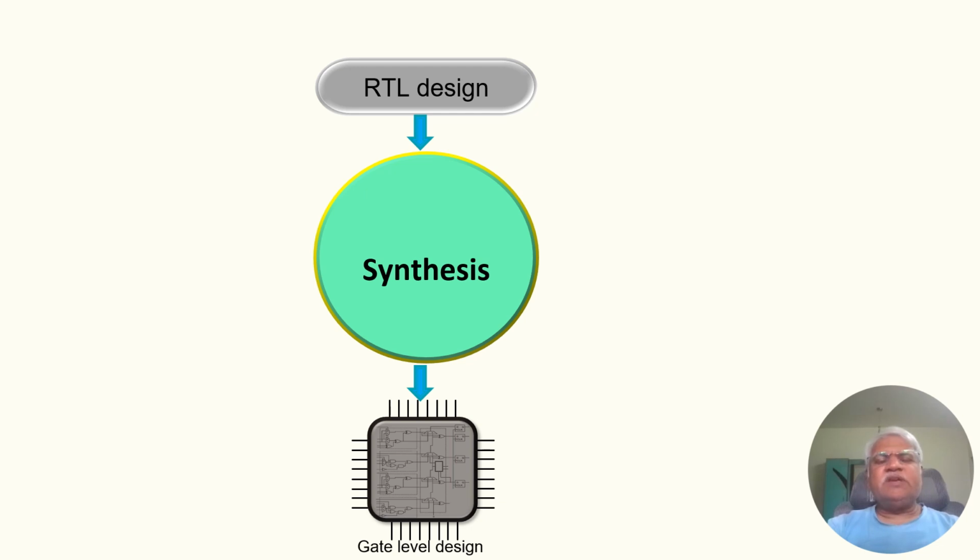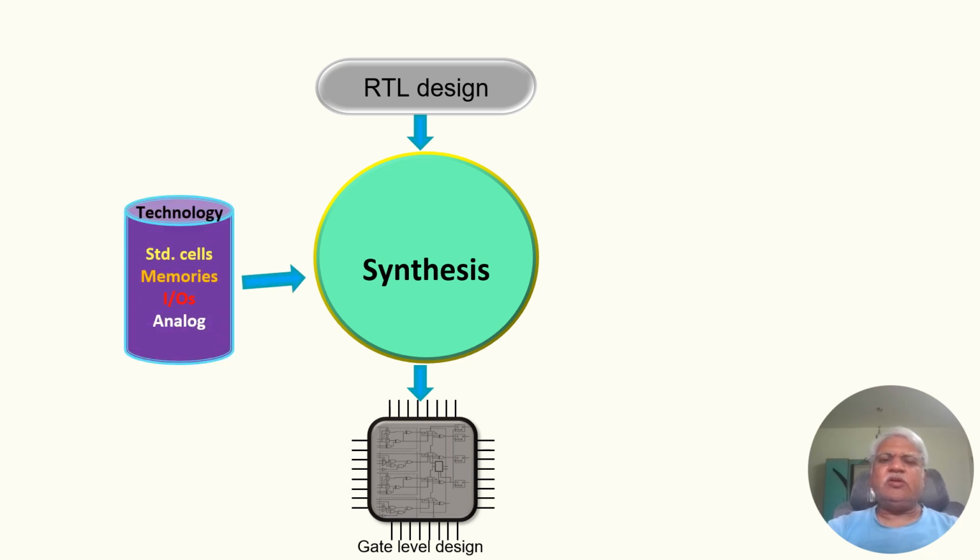And this can be further improvised into scan flip-flop for test insertion. That is the next level. So during this synthesis conversion, the design is mapped to logic gates. For this purpose, you need technology data.